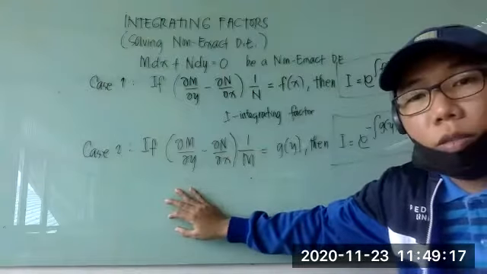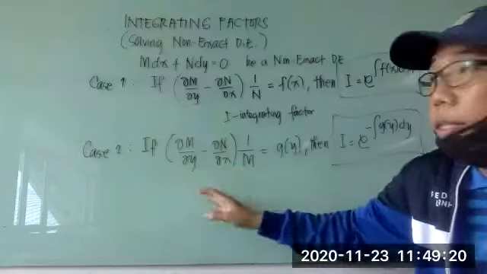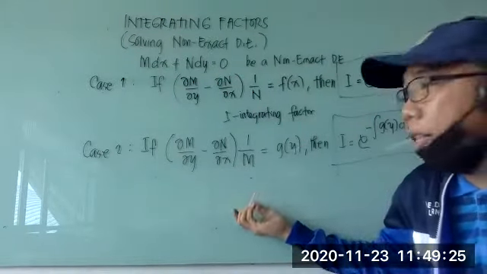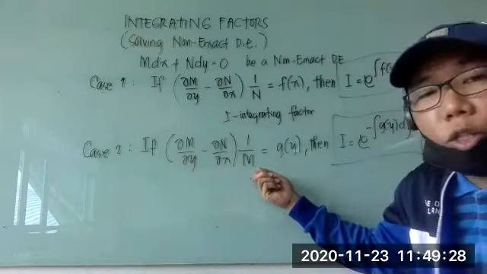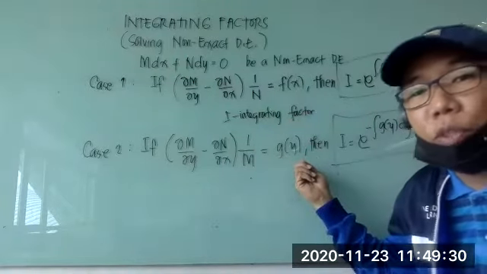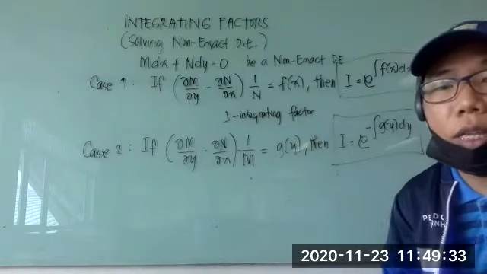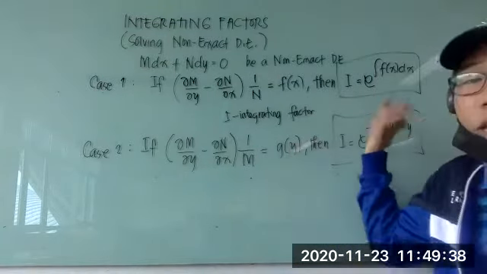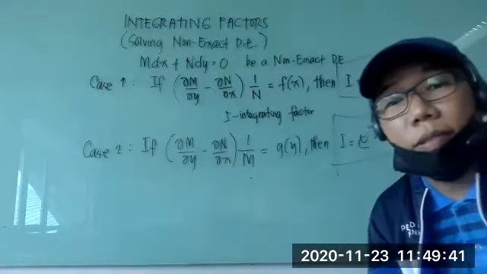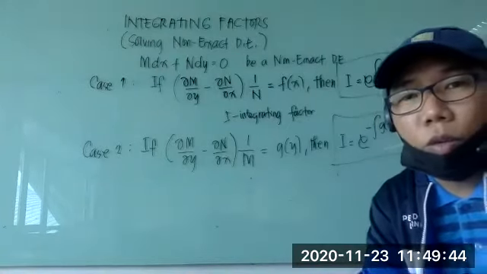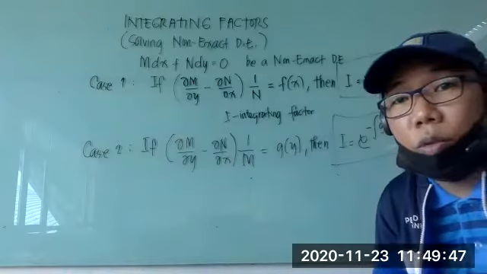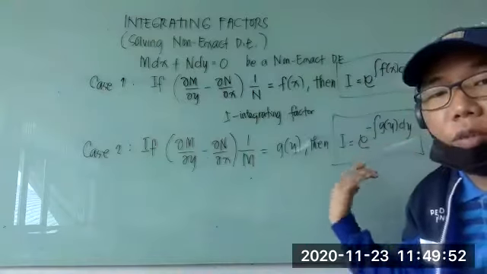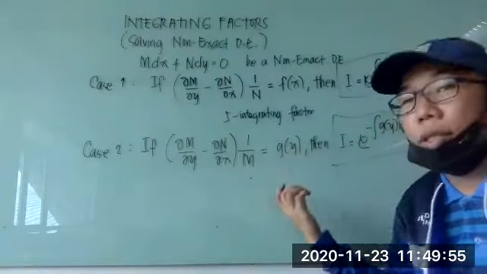But if you utilize the same order as what I have written here, then if you divide the difference by m and it results in a function of y, you must put a negative sign in the formula. So if the result here is negative, you multiply that by negative and it becomes positive. I'm just telling you other options: if you want to put partial of n first, you should take note that you should copy the sign of this function here.